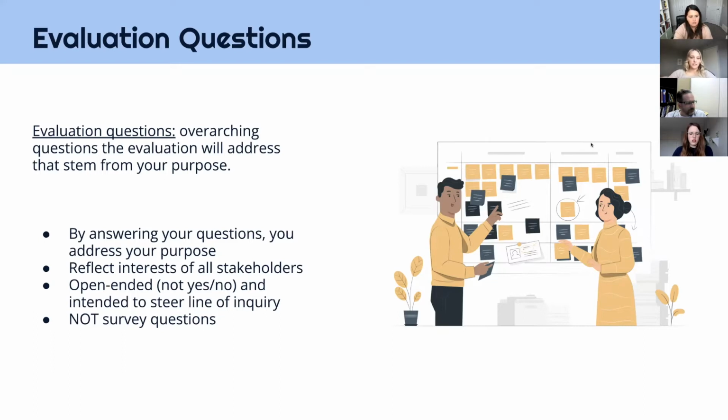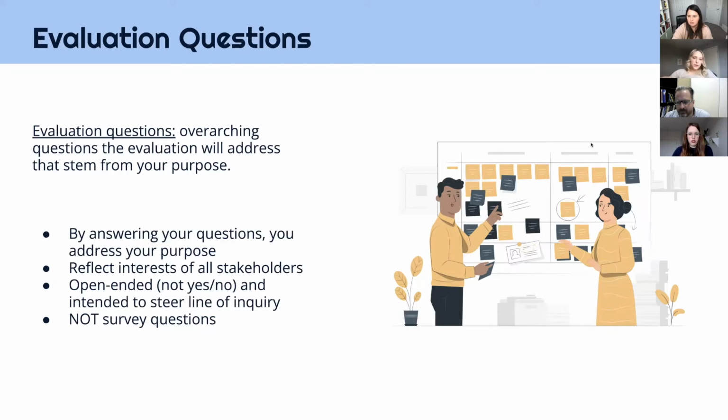These evaluation questions are really important because they provide a direction and focus to your evaluation, just like your purpose statement. They just get a little bit deeper into it, and a little bit more specific. Without them, your evaluation can be a bit all over the place, and you start to address a little bit of everything instead of having that deep dive into those areas that you really need to know more about.